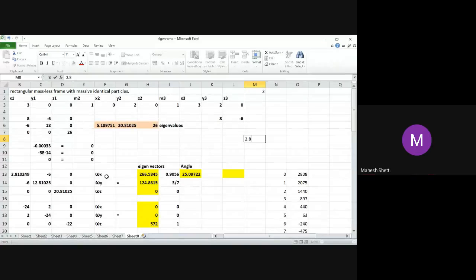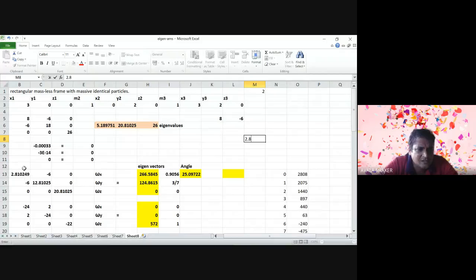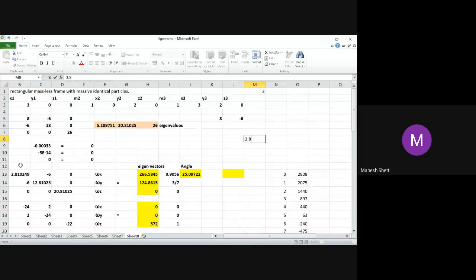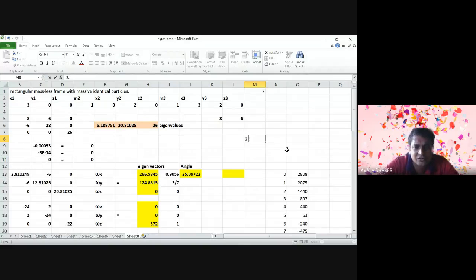You don't want to solve that, so you may just mention that 2.810 is Ixx. So this is Ixx, this is Ixy, Ixz, Iyx, Iyy, and Iyz. These components are multiplied with omega, and the right hand side is 0.